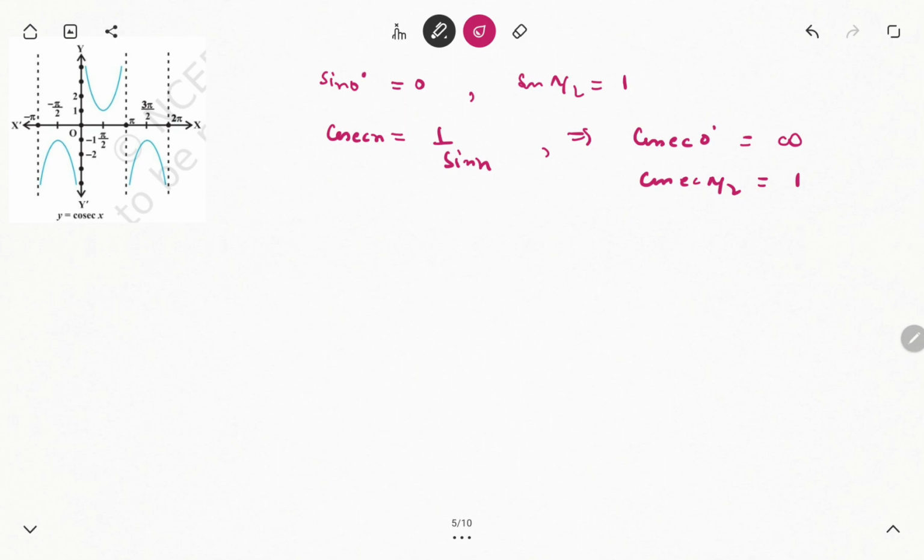Now this function is again not 1-1. Draw a line parallel to the x-axis. This is very obvious. Because cosec pi is an infinite value, there is a boundary drawn here. So the graph actually from minus pi/2 to pi/2 has open minus pi/2 and open pi/2. The cosec graph is not like this.